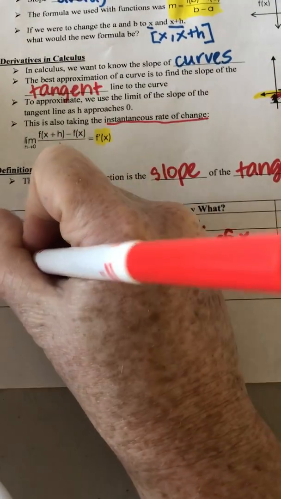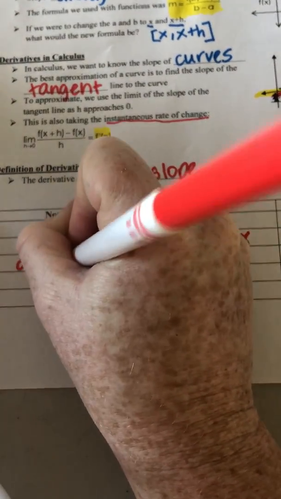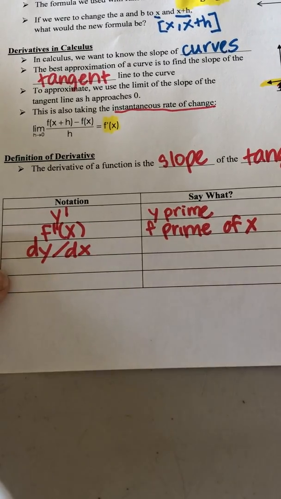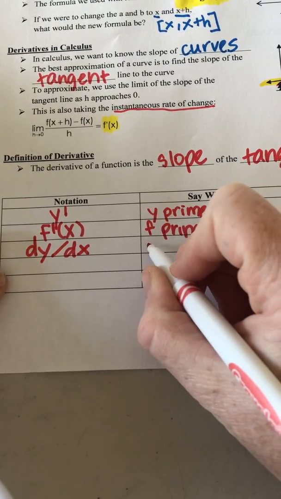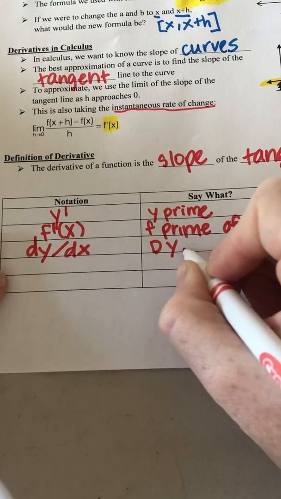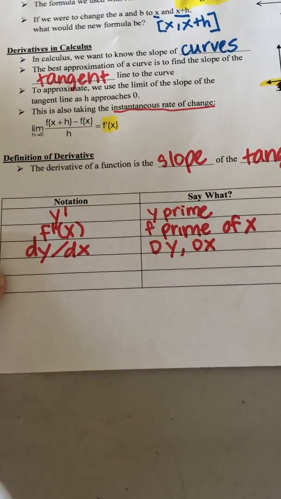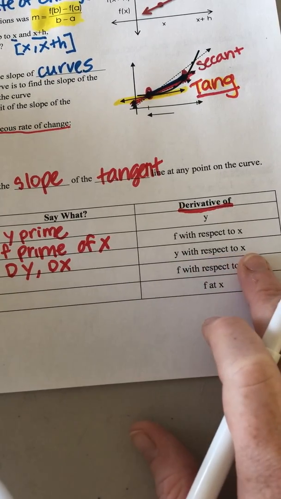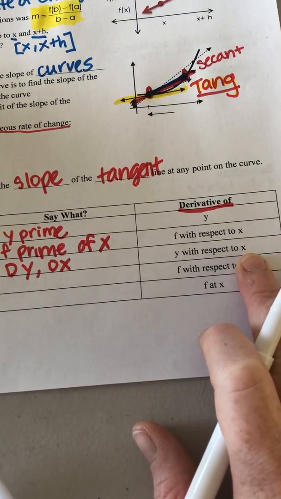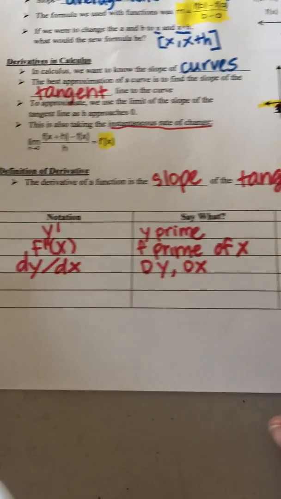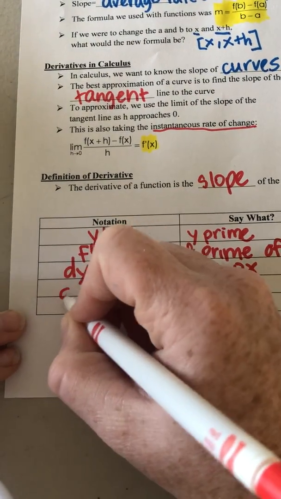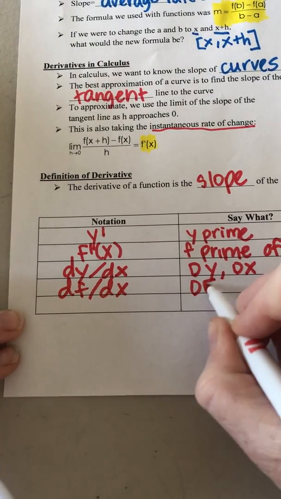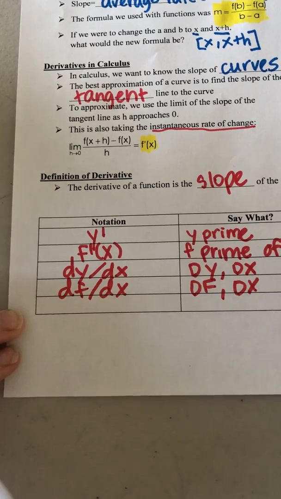Next, you may see dy dx, especially when we're doing integration next chapter. So literally you just say dy dx. Okay, and that is the derivative of y with respect to x. And if you don't see y, maybe you'll see an f, then you'll have df dx. So df dx is how you say that.